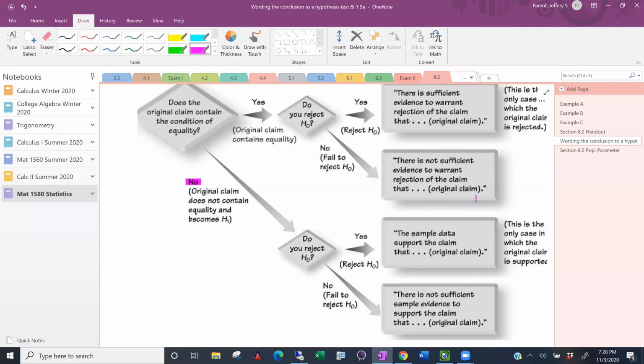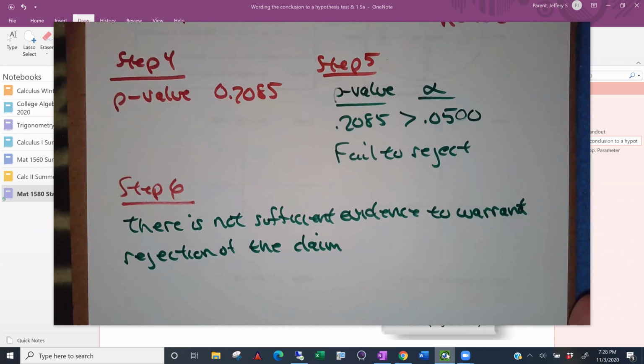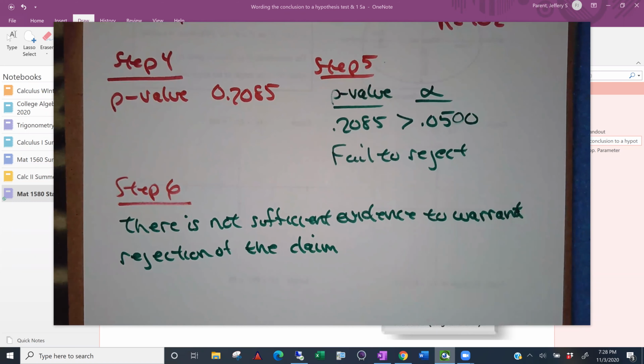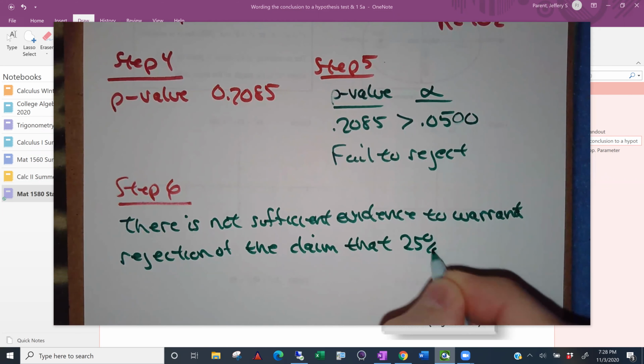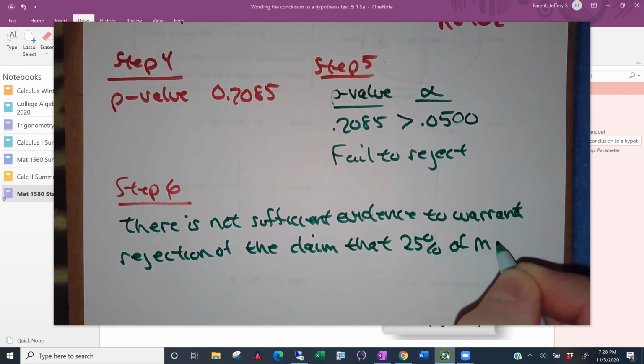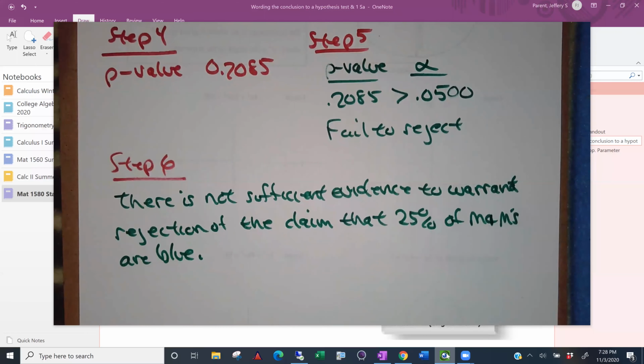Now we got to state our original claim in words, and that's going to be that 25% of M&Ms are blue. There you go. Well done.